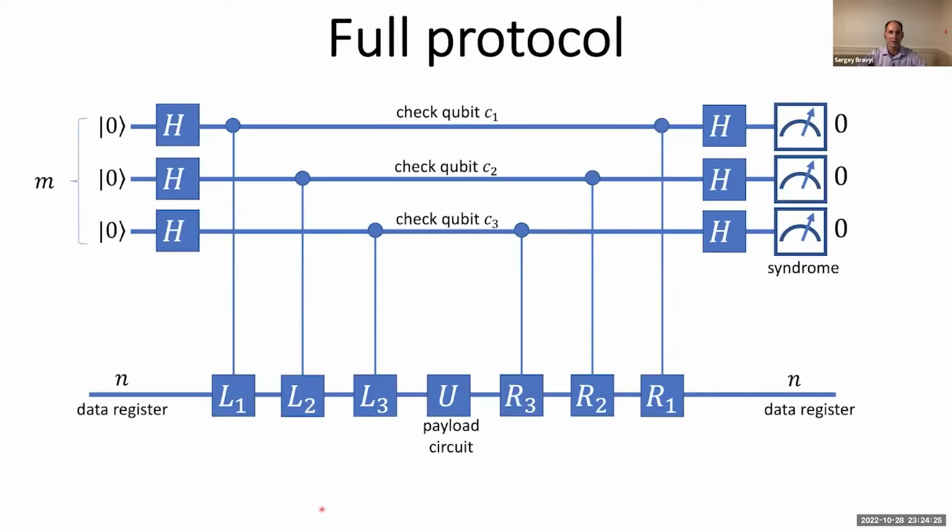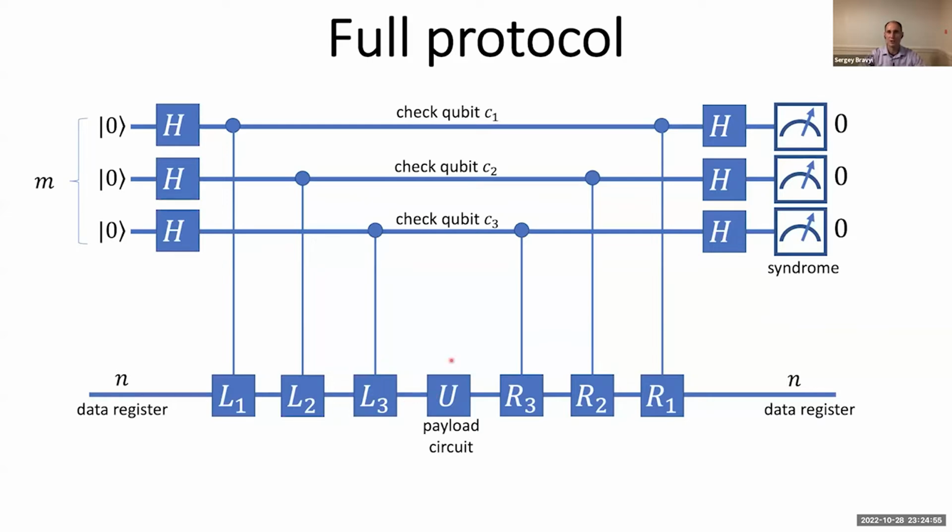So in general, we can apply several Pauli checks sequentially. And at the end of the day, we post-select zero syndrome on every check. So if errors happen only inside the payload circuit, the probability of detecting this error would approach 100% as we increase the number of Pauli checks.